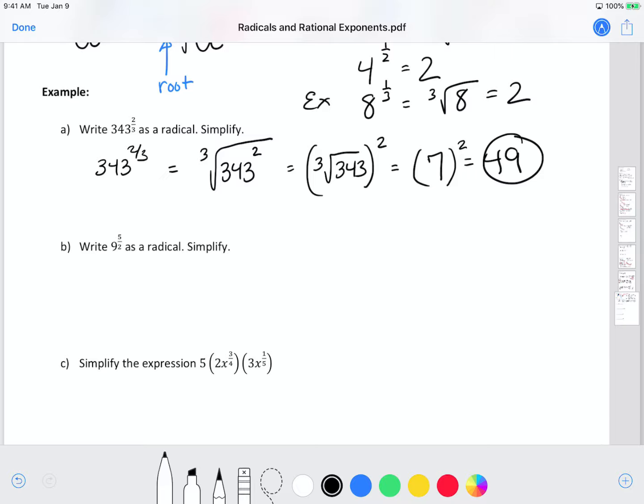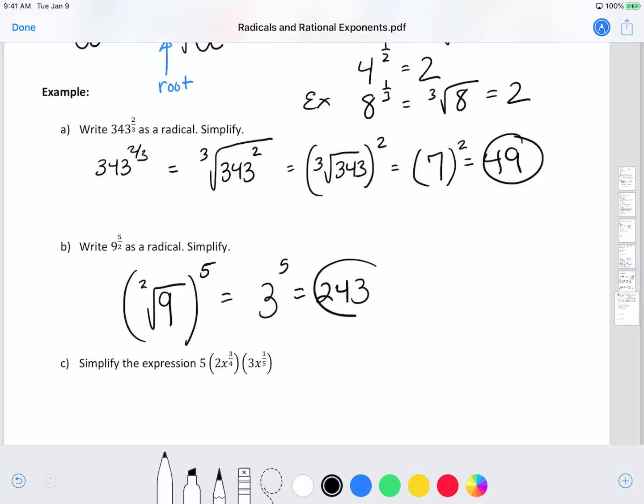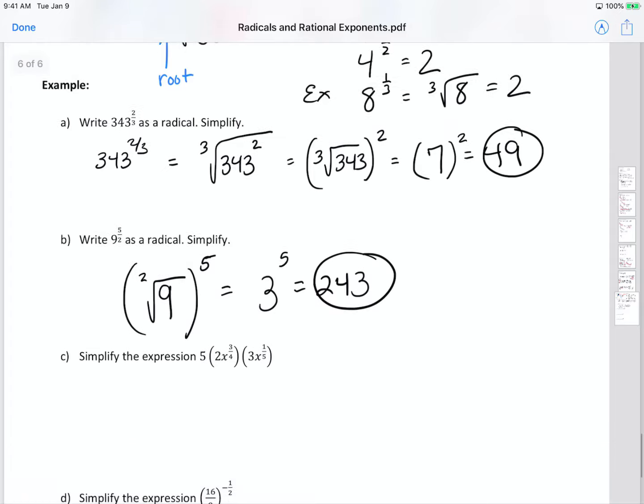So remember, the denominator in the exponent is the root. So I'm going to take the square root of 9 and then raise that to the 5th power. The square root of 9 is 3. So then I'm going to take 3 and raise it to the 5th power. And 3 to the 5th power is 243. So my final answer is 243.